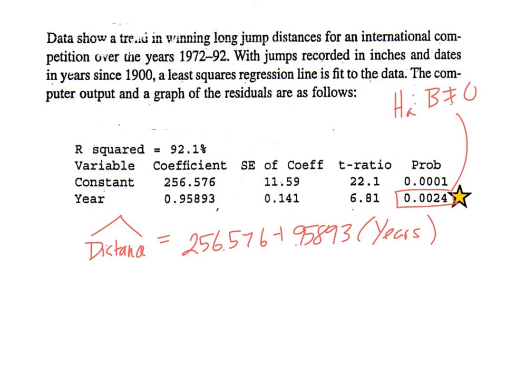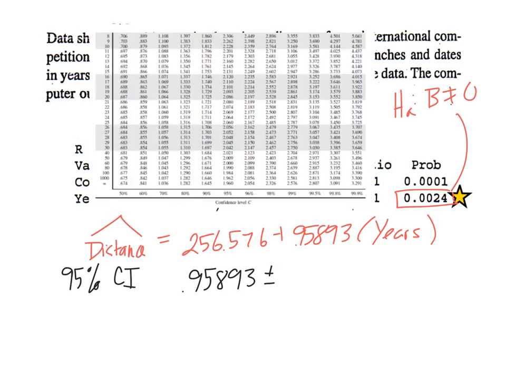And let's say you wanted to make a 95% confidence interval for this. You'd say, all right, my slope was 0.95893 plus or minus.